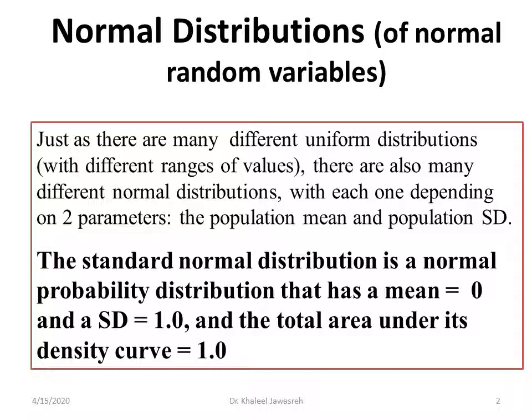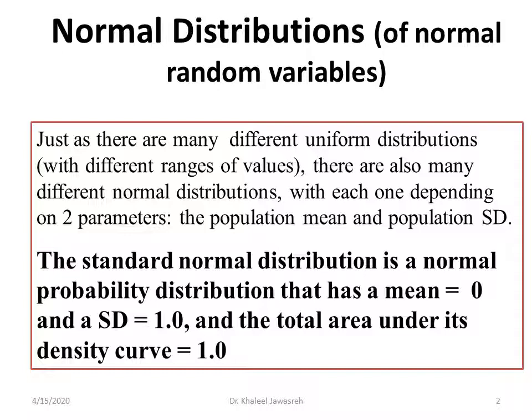For example, a certain mean gives a certain curve; another value of mean will differ in its shape, and another standard deviation will also affect the shape of the normal distribution.